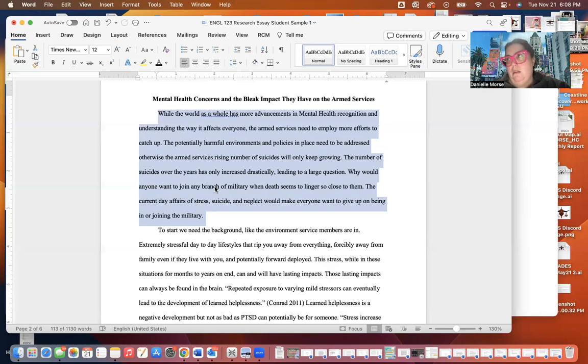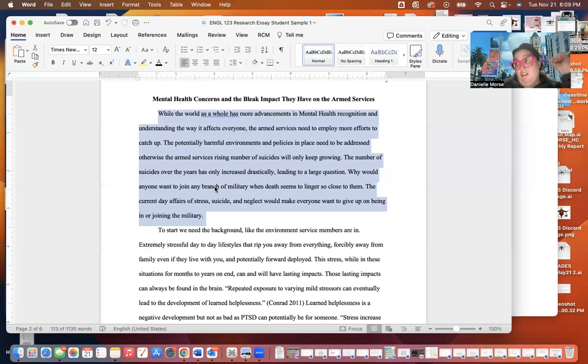So at this point in the introduction, I'm like, I don't have any information. All you have told me thus far is that there have been some advancements in mental health recognition and understanding, two very vague words that are not supported in any way or dissected and fleshed out more specifically. That, hey, the world has more recognition of mental health, but it really hasn't reached the armed services and they still need assistance.